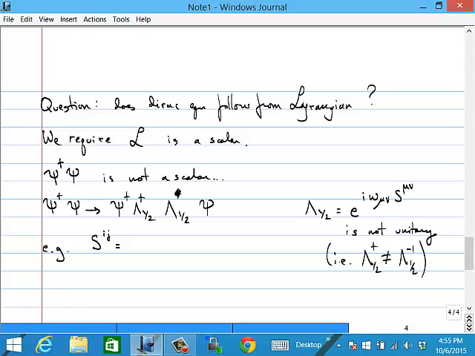Gamma i and gamma j were just defined in terms of the Pauli matrices sigma i and sigma j. So it's a very straightforward calculation to compute this. And you find that Sij is 1/2 epsilon ijk sigma k, where sigma k sits on the diagonal.